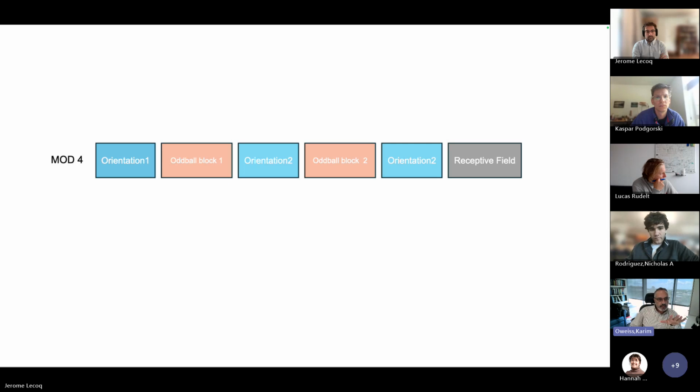So if adaptation is not the main goal here, it's a way to ensure that what we're observing in the oddball blocks is not confounded by the fact that you have ongoing plasticity and everything else that Lucas has hinted at. Are you suggesting analysis? No, it's actually part of the stimulus design, since we're discussing stimulus design here and the order of presentation and what to include, what to exclude, number of trials in each.